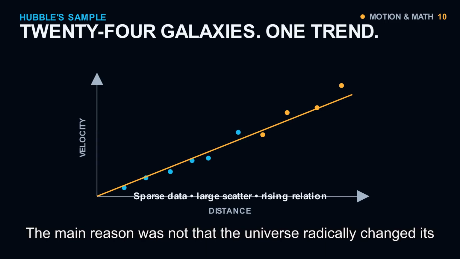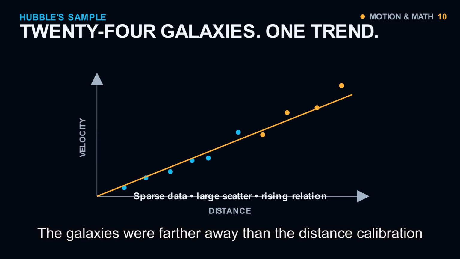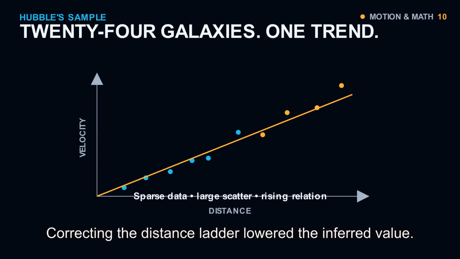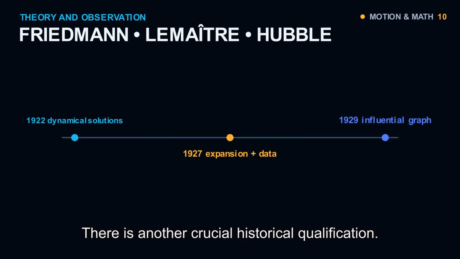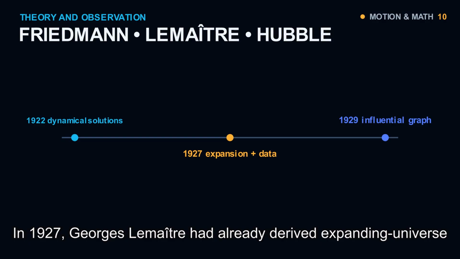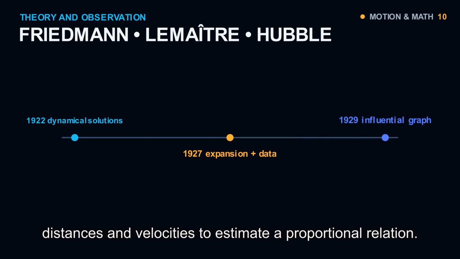The main reason was not that the universe radically changed its local expansion rate within a century. The galaxies were farther away than the distance calibration then indicated. Correcting the distance ladder lowered the inferred value. There is another crucial historical qualification. In 1927, Georges Lemaître had already derived expanding universe solutions from Einstein's equations and combined available distances and velocities to estimate a proportional relation.